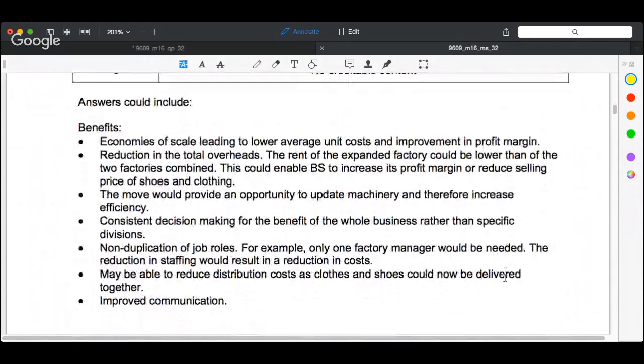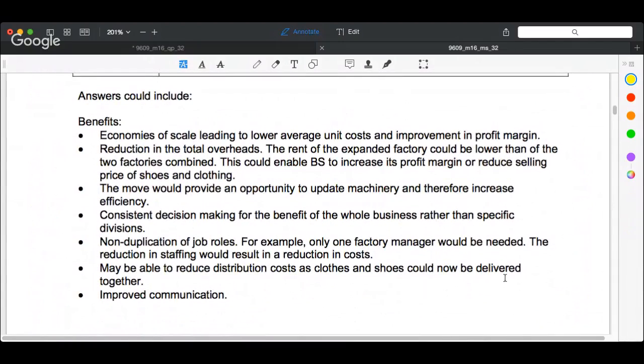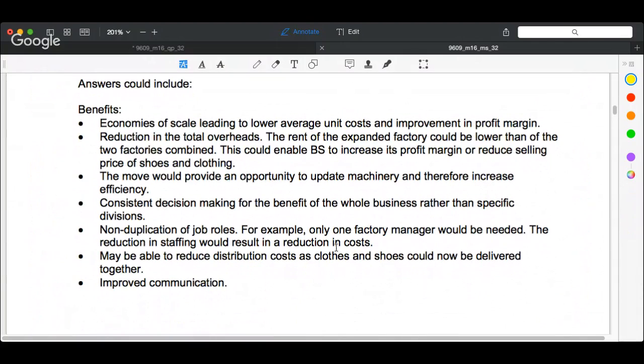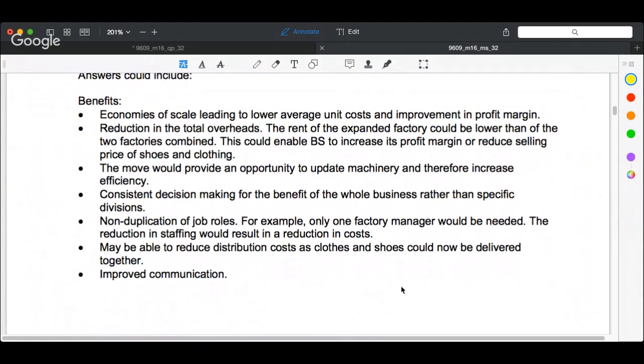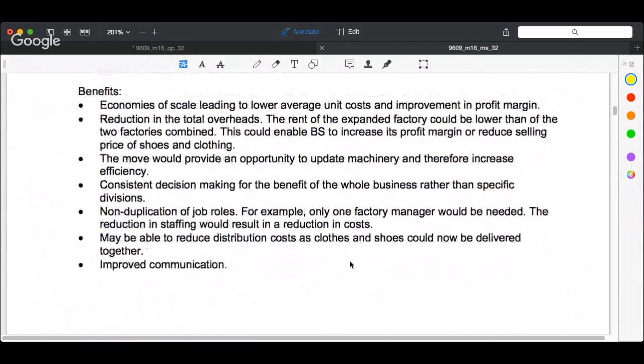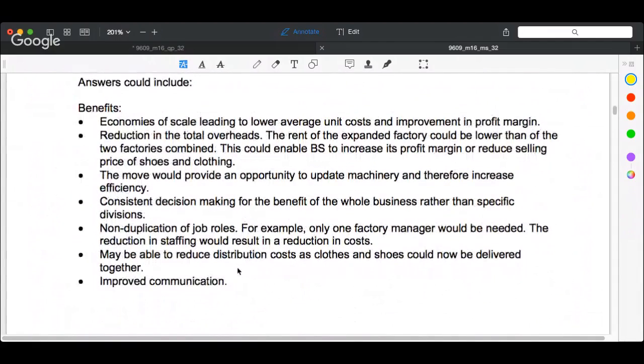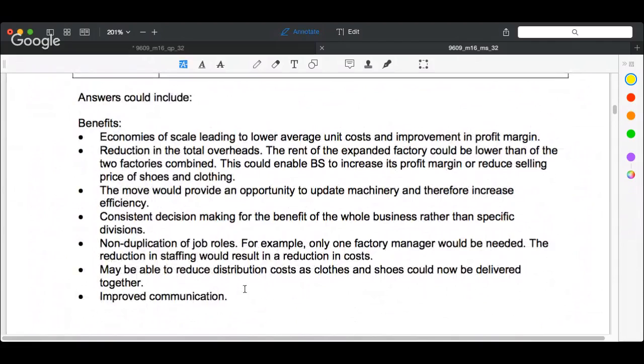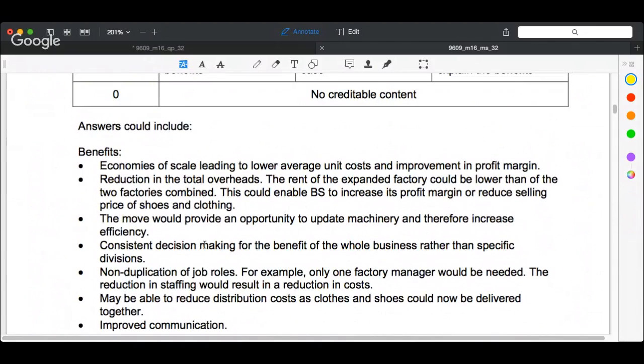So what I think you should do really is, as long as you say something and can justify it, then it doesn't really matter. The communication point is logical, but there's not much explanation there in theory.